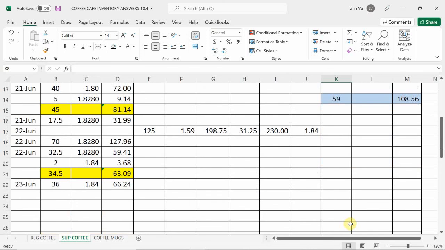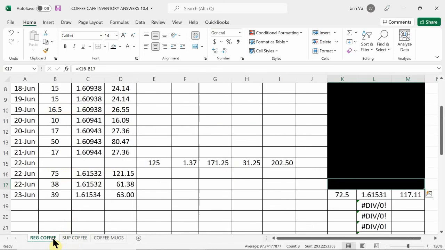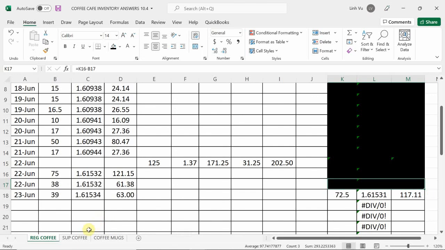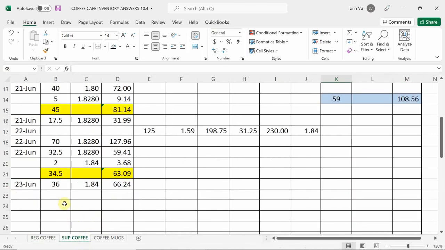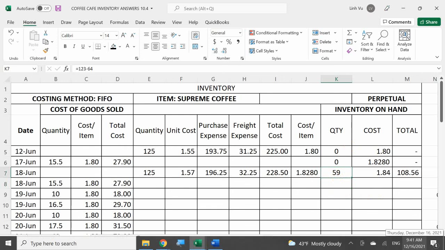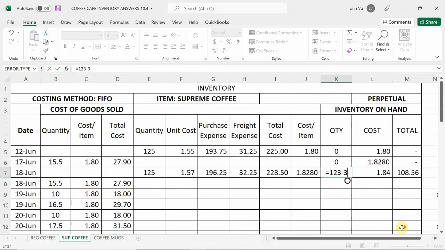Okay, so 66.24 and $63 even for regular. Why did we subtract 64? I don't know, I'm confused. Did I subtract 64? Yeah, from 123. So 39, right? 3, 9, 6, 36. Okay, I flipped my numbers backward, that's why. It's okay. There we go, I had them all mixed up.